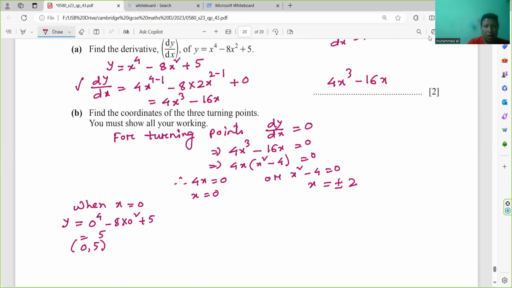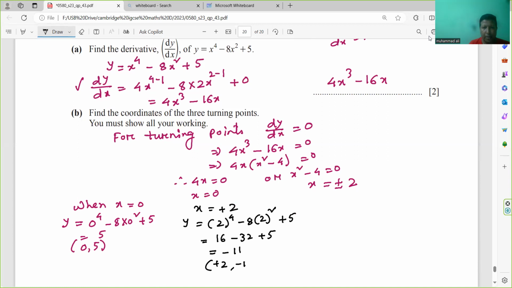Another one, when x equals plus 2, y equals 2 to the power 4 minus 8 into 2 squared plus 5. So it will be 16 minus 32 plus 5. So it is minus 11. So another turning point is (2, minus 11).